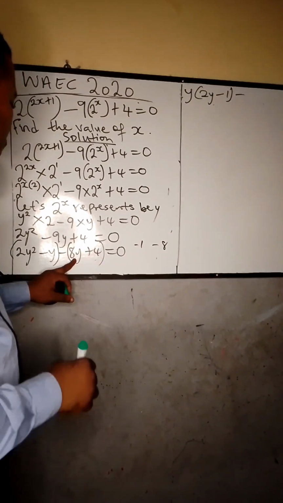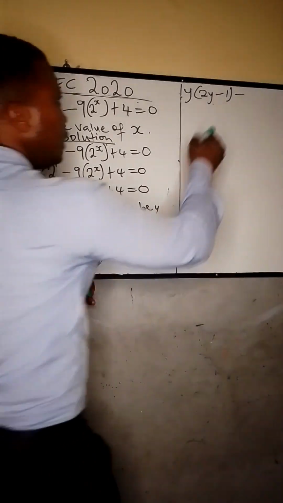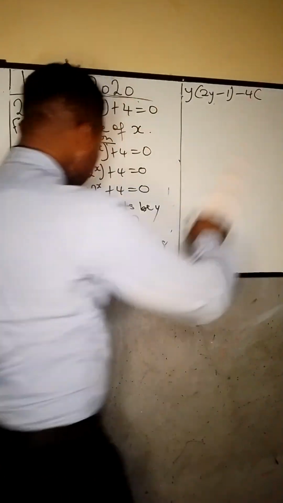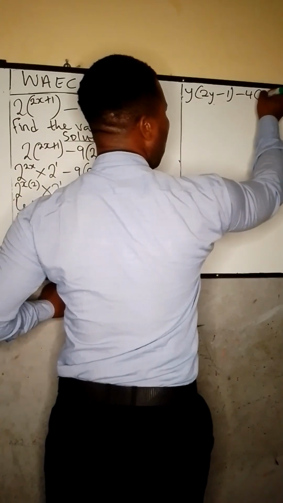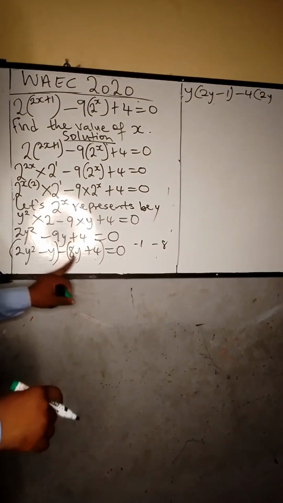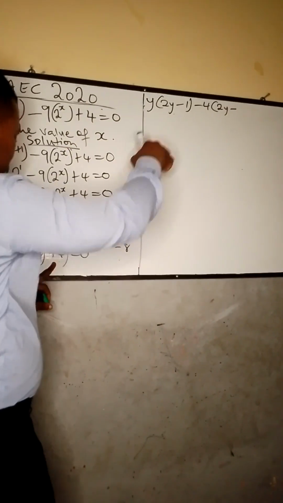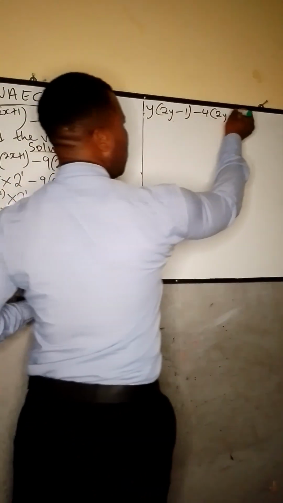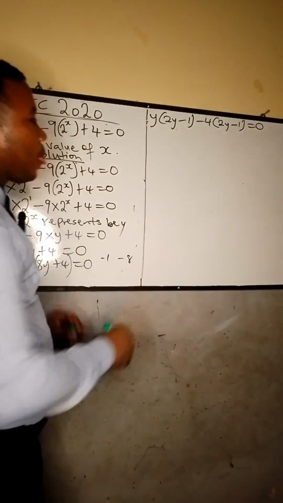Of course, you can see that 4 is common. So we have minus 4 open bracket: 8y divided by 4, which is giving us 2y, and minus times plus is giving us minus. Of course, 4 divided by 4 is 1, is equal to 0.